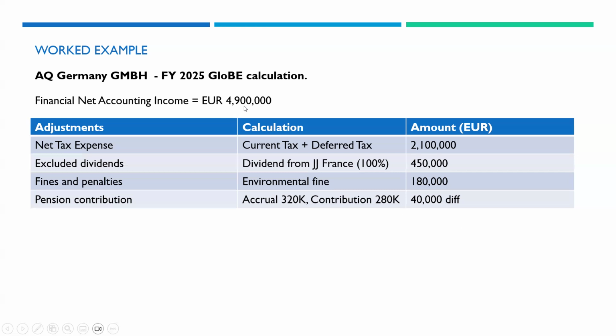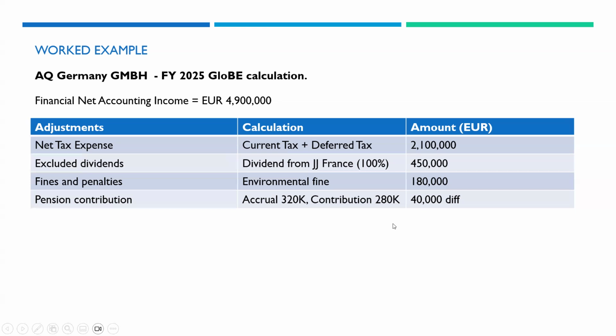So from 4.9 million, assuming that 2 million is current tax and 100,000 is deferred tax, 4.9 million plus 2 million minus 450 plus 180 plus 40. Getting it? Yes, that would be my GloBE income.